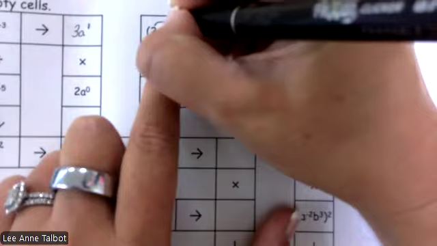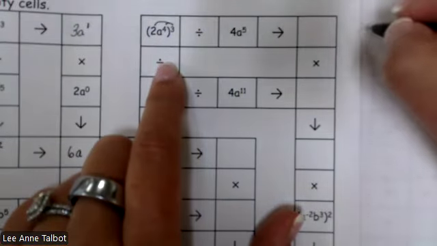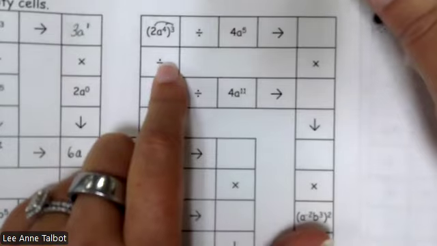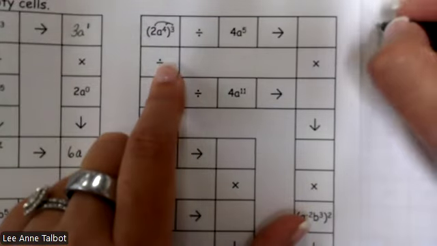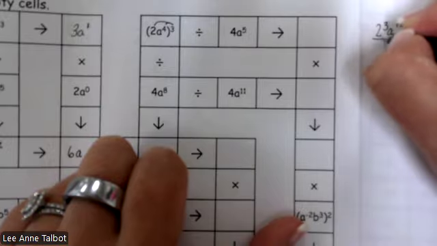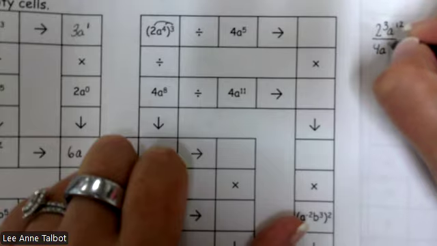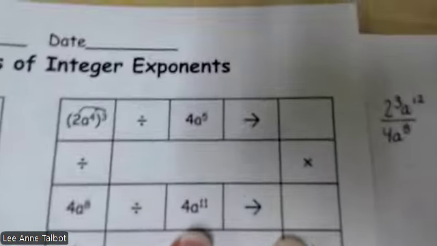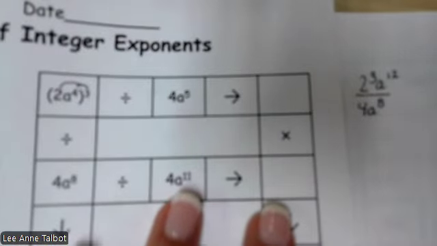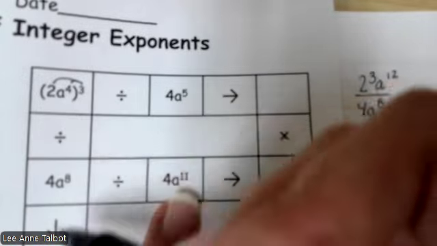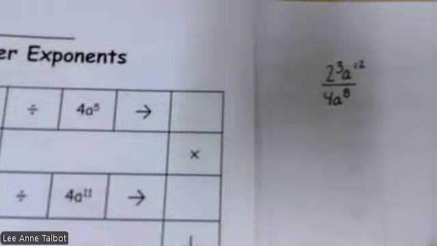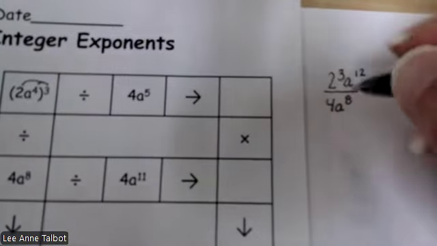Okay, so distribute. I'm doing this problem right here. What is 2 to the third power? 8.